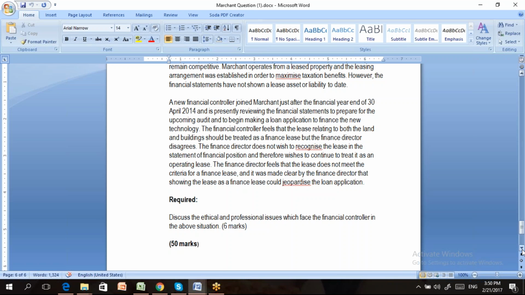If the financial controller feels very strongly that the lease should be classified as a finance lease, in that case he must make representations to the internal governance authority, in this case the board of directors, and in no circumstances should he bow down to the pressures of the finance director.